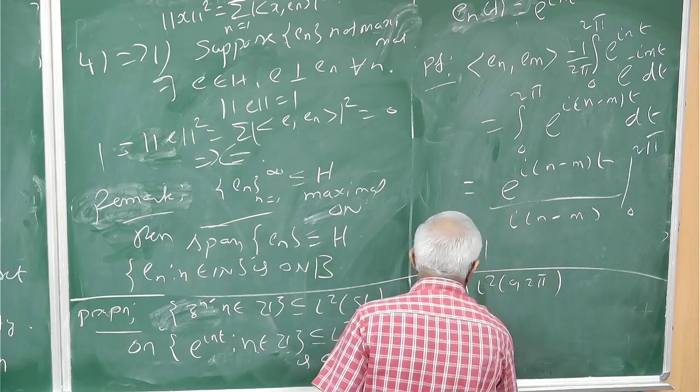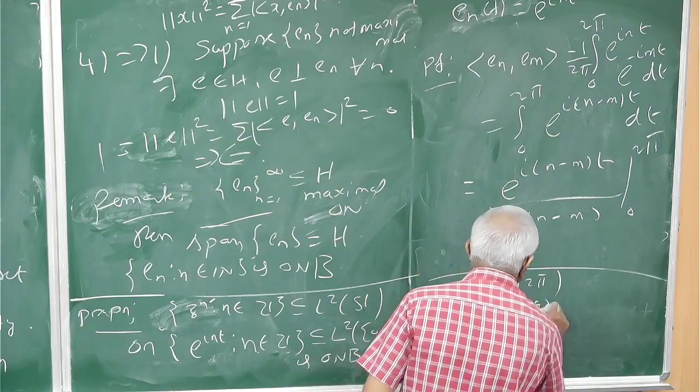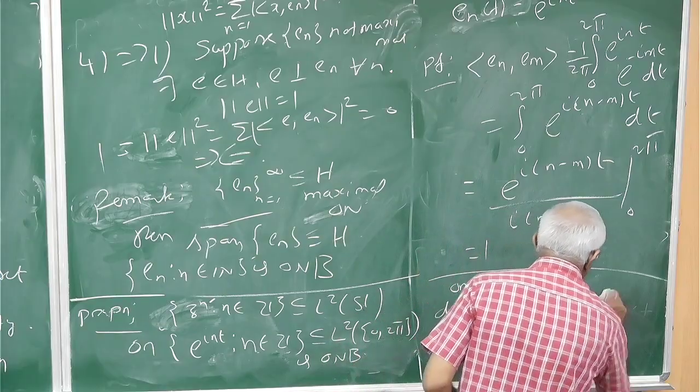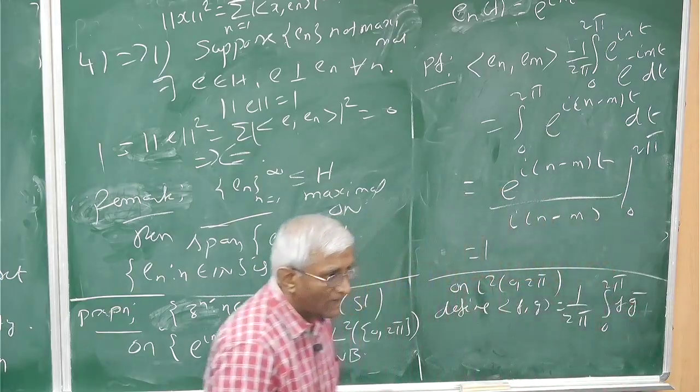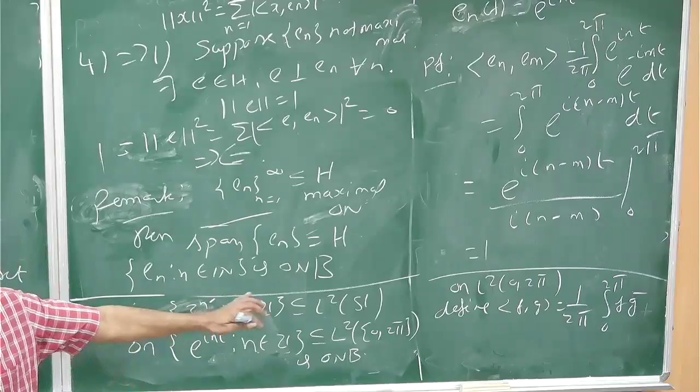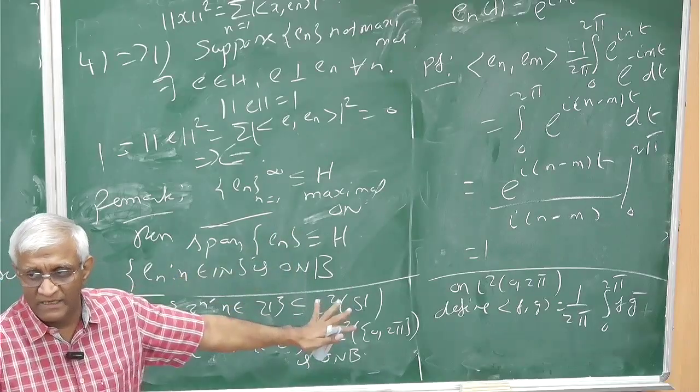Define the inner product between f and g to be 1 by 2 pi times the integral from 0 to 2 pi of f g bar. You can multiply by a constant and it is still an inner product.